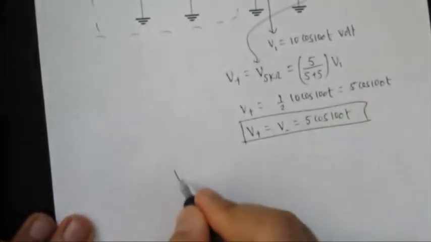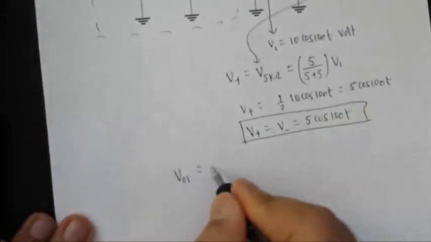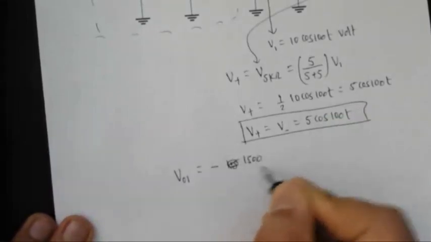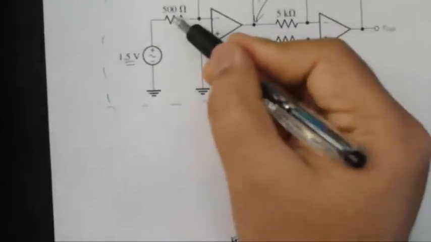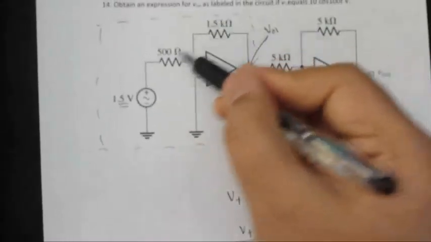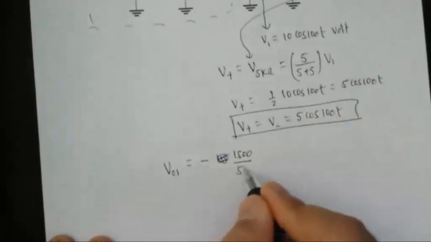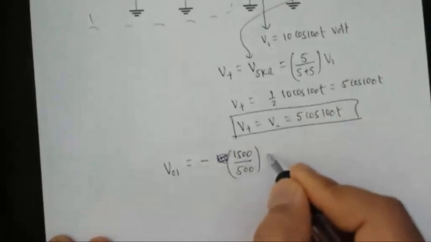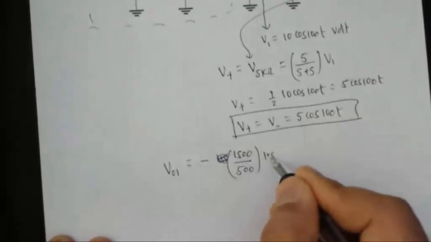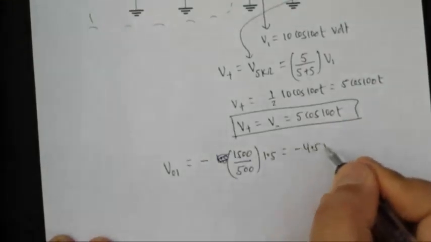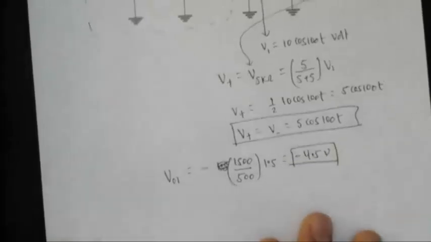VO1 is just negative 1.5 kilo ohm, which is 1500, divided by 500 ohm, this resistance divided by that, because this is the formula for the inverting amplifier, times the input, and this comes to negative 4.5 volt.